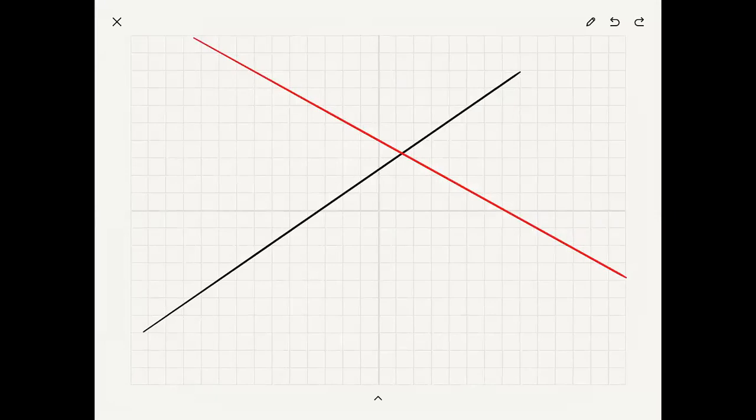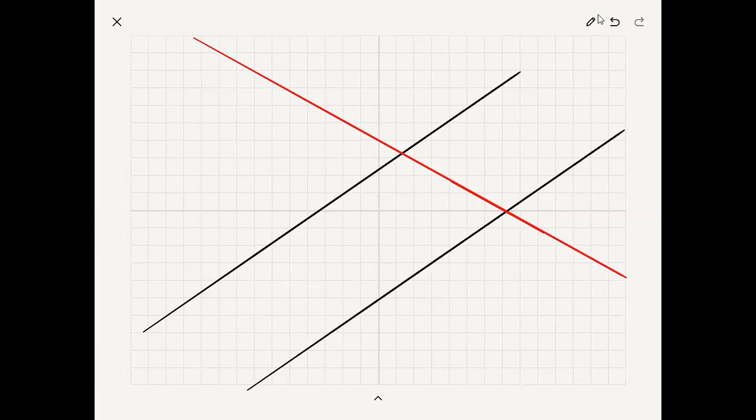Before I go over the changes to the program, I want to do a quick review. If you're dealing with a system of linear equations, there are 3 options. If the lines have different slopes, it's going to have 1 intersection, and you can see that in the middle of my screen here. If you have 2 lines that are parallel, like the 2 black lines, those will not have any intersections, and therefore there are no solutions to that system.